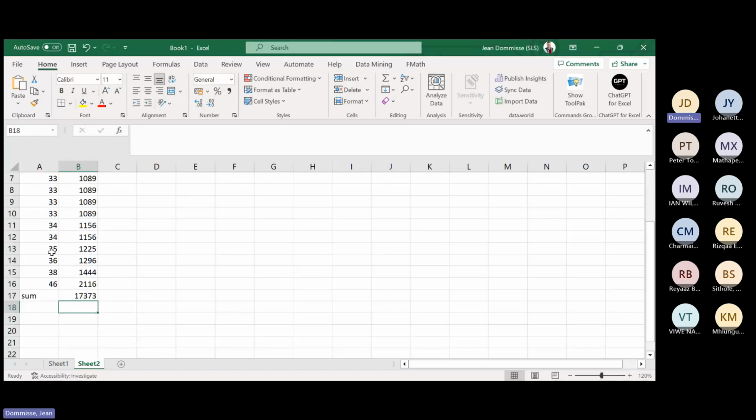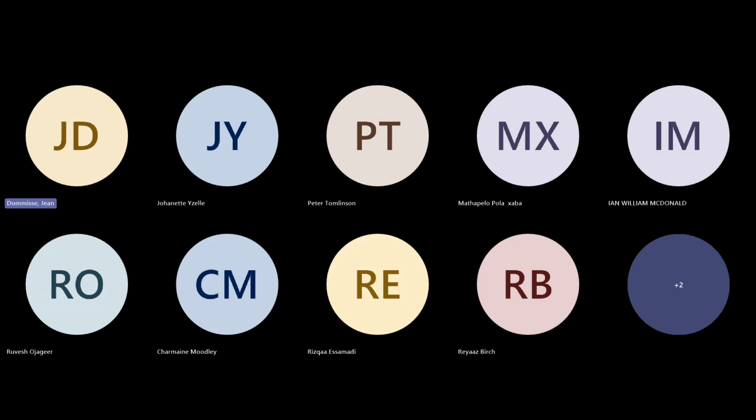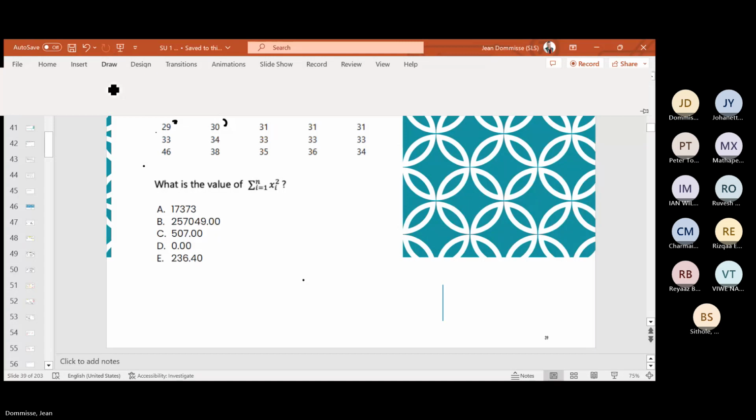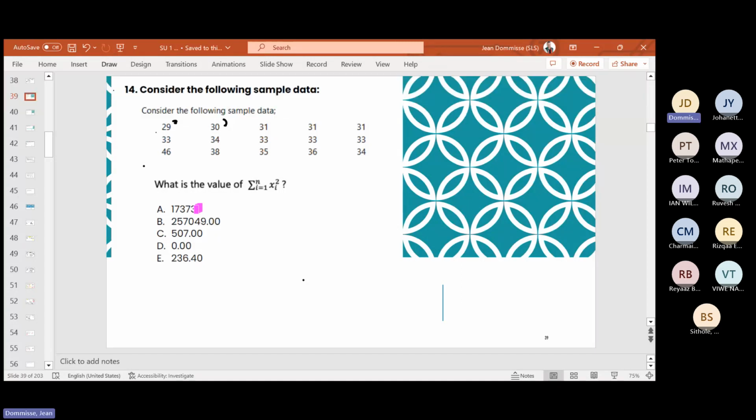So now we don't need to go on your calculator to say 29 times 29 plus 50 times 50 plus 51 times 51 and so on. We've done it in Excel. And if we look at the answers in the table, there it is: 17373.